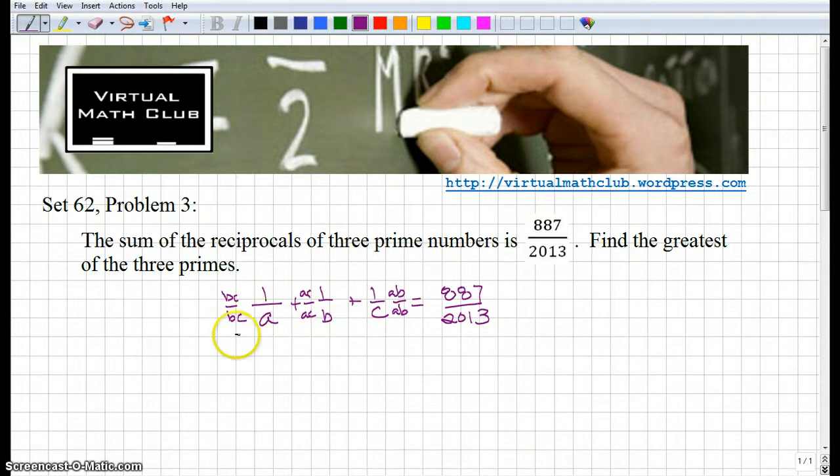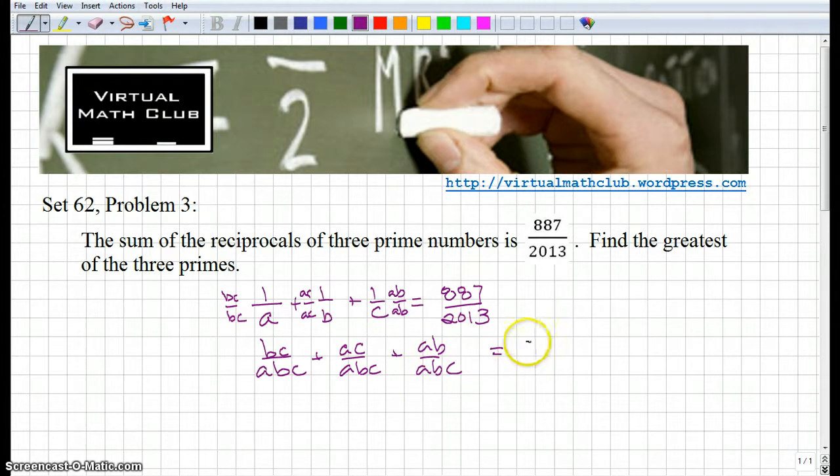But now we get each of these reciprocals in terms of the same denominator. So what do we get when we do that? We end up with BC over ABC plus AC over ABC plus AB over ABC.